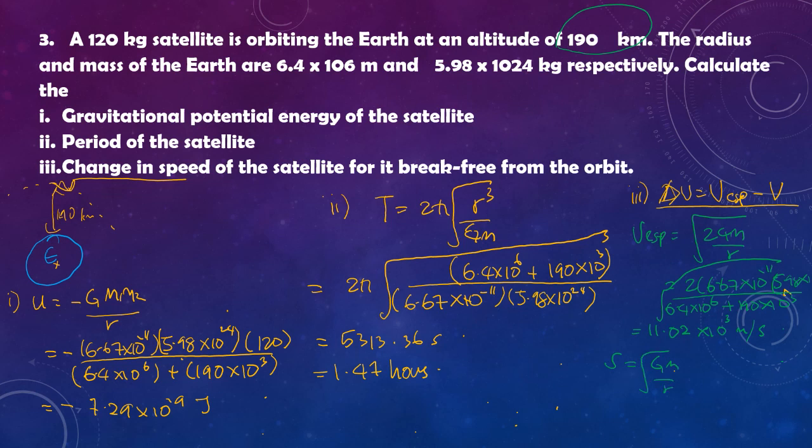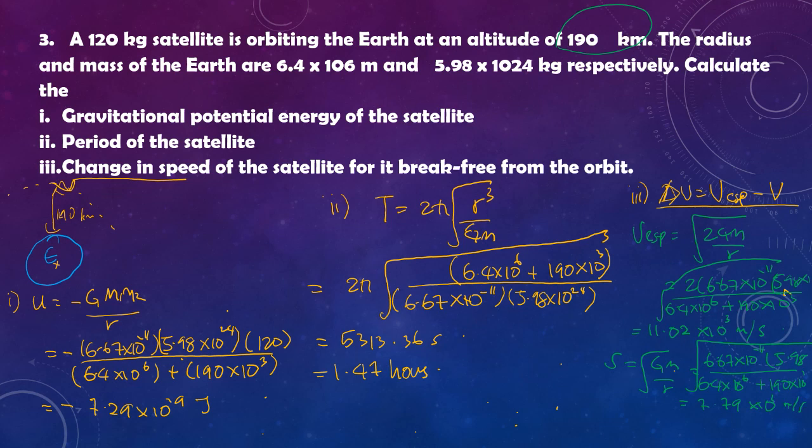So 6.67 times 10 to the negative 11, and the mass of the Earth is 5.98 times 10 to the power 24, over 6.4 times 10 to the power 6 plus the altitude of 190 kilometers. Don't forget the square root. So the speed is about 7.79 times 10 to the power 3 meters per second.